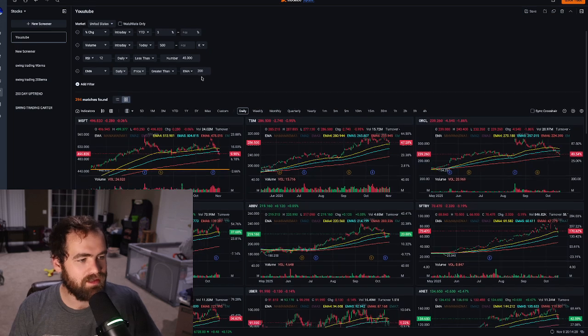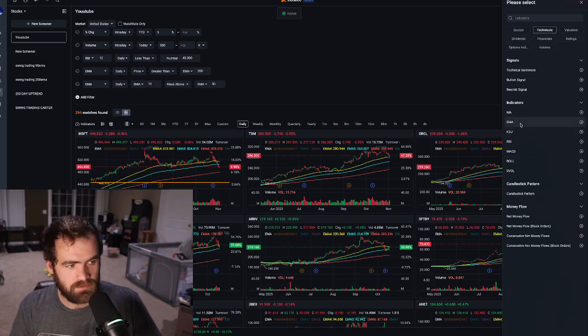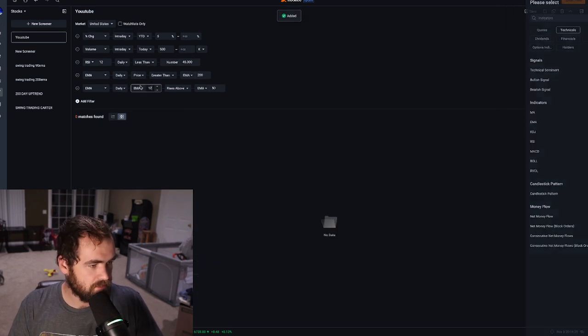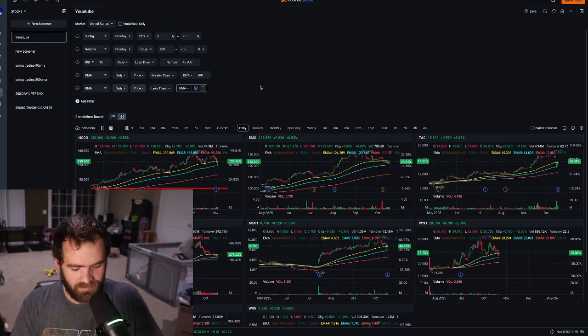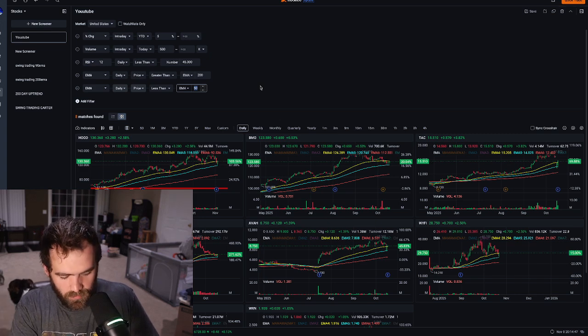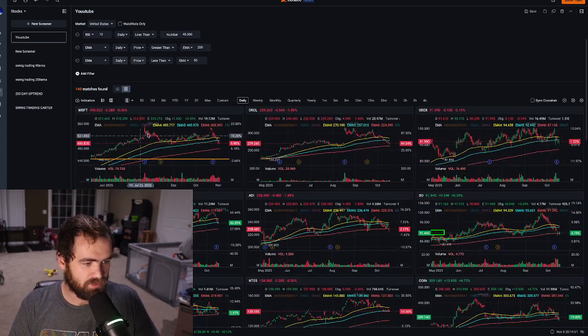So if you want one that's over that 200-day moving average line, you can do that. And then you can do another one, and you can go the EMA, right? Daily price is less than the EMA. We'll go 90. So it'll be in that middle ground, right? So now we got 140 stocks.